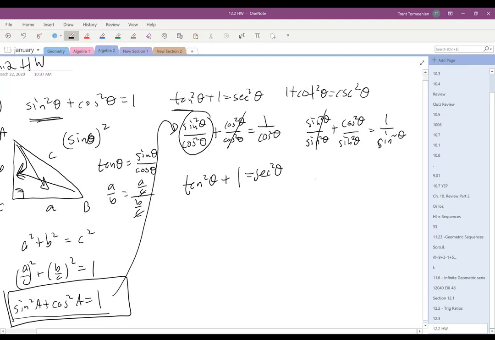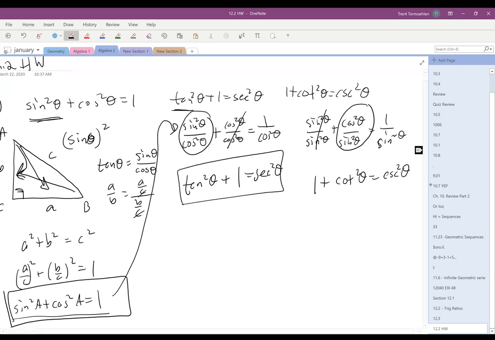Well, this is just 1. Cosine over sine is the reciprocal of tangent, which is equal to cotangent. And then 1 over sine squared theta is just going to be cosecant squared theta, since the reciprocal of sine is cosecant. So that gives you 3 different identities. These become useful at different times and are important to know.